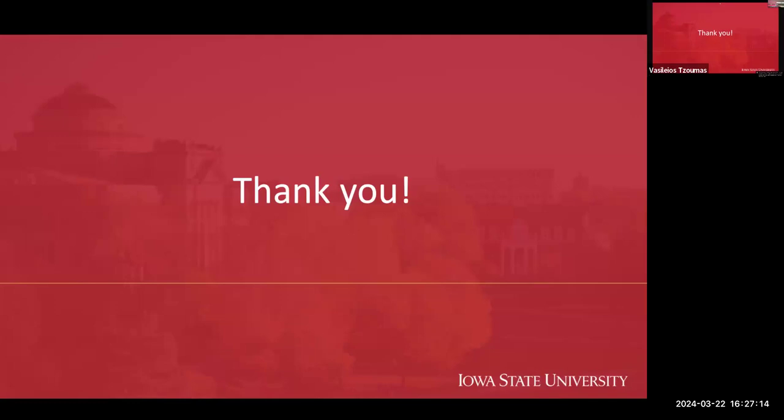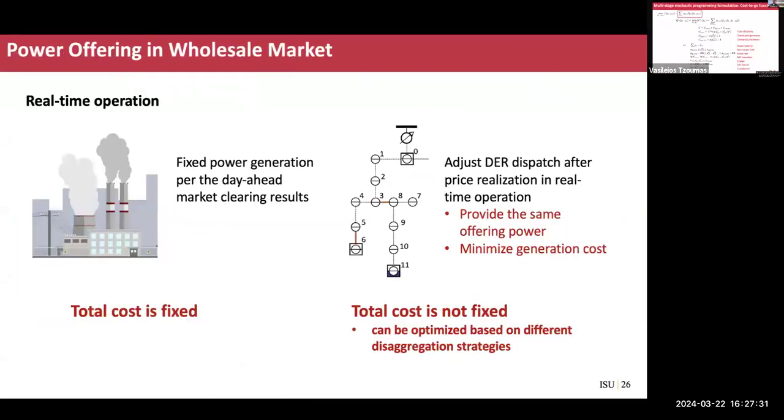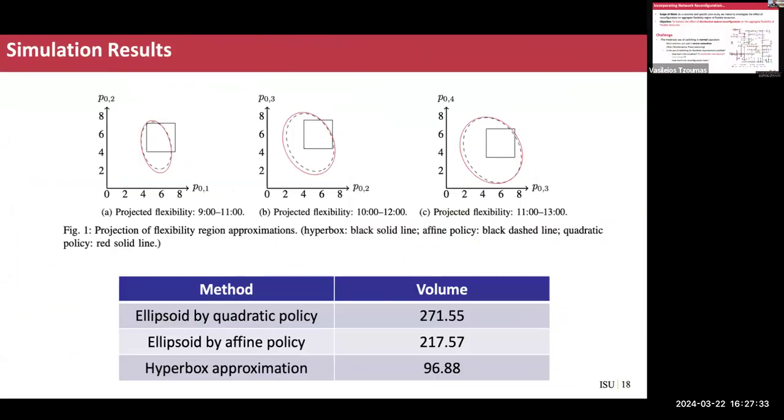Maybe for the question we were asking for. It's about the first part of your talk. You were showing us that the flexibility region of a DR reduces by adding a second time component, right? By coupling two subsequent periods.